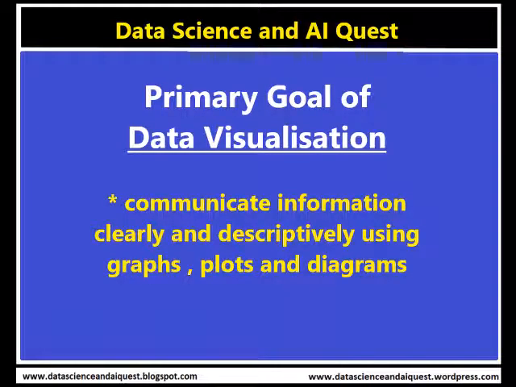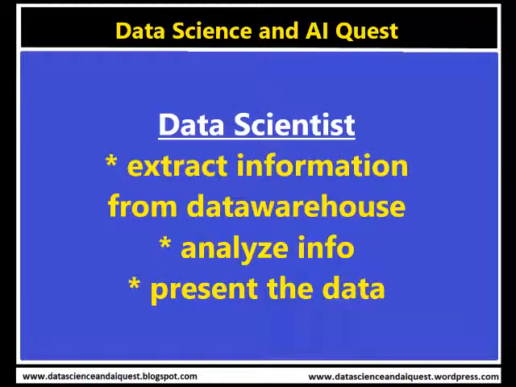The primary goal of data visualization is to communicate information clearly and descriptively using statistical graphs, plots and diagrams, which could help any person working on the business to quickly understand the lagging areas, the areas where things could be fixed soon, etc. Therefore, data science is the term used for techniques to extract information from the data warehouse, analyze it, and present the necessary data to the business organization in order to arrive at important conclusions and decisions as soon as possible.